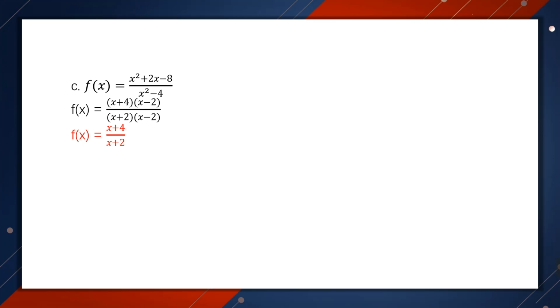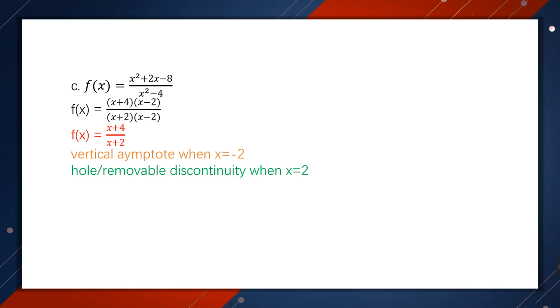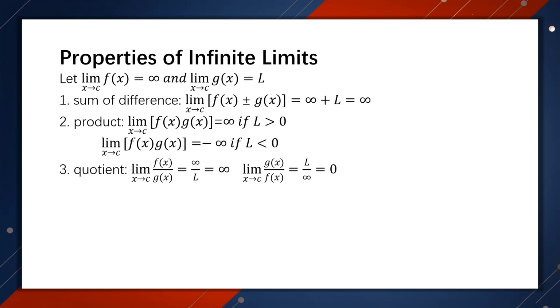So we could cancel this factor, and we are left with (x plus 4) over (x plus 2). So the vertical asymptote is at x equals negative 2, where the denominator is 0. And because the numerator and denominator both have the factor x minus 2, there is a removable discontinuity at x equals 2.